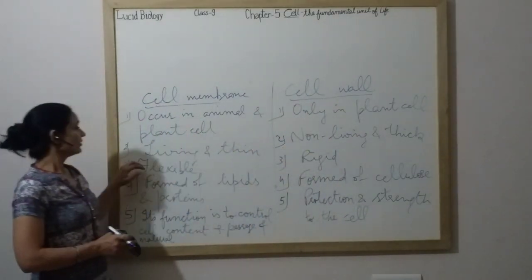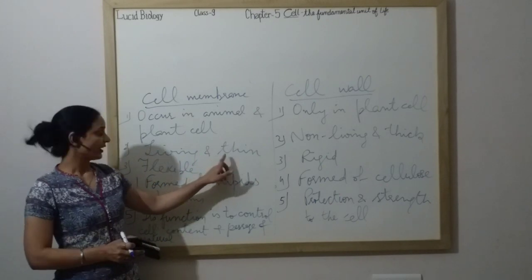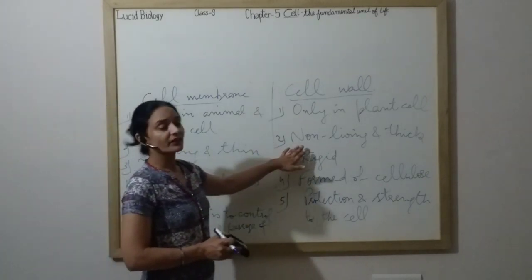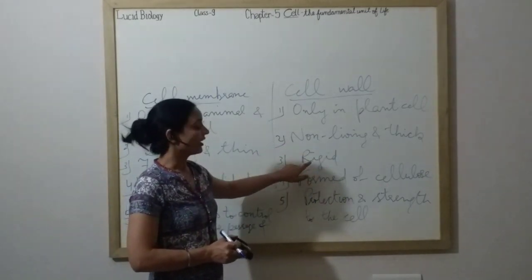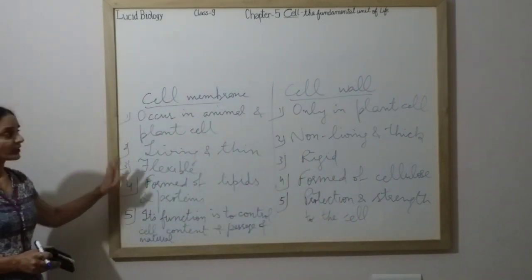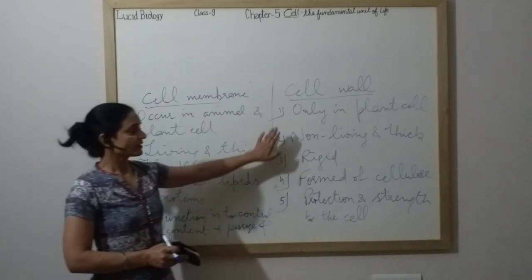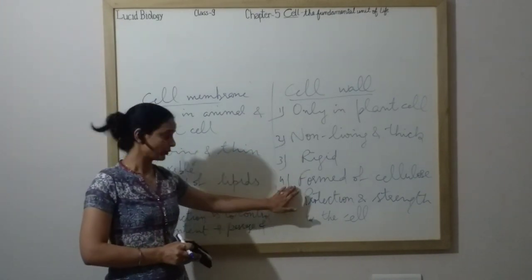The cell membrane is a living, thin and flexible layer, and the cell wall is non-living, thick, and rigid. The cell membrane is formed of lipids and proteins, and the cell wall is made up of cellulose.